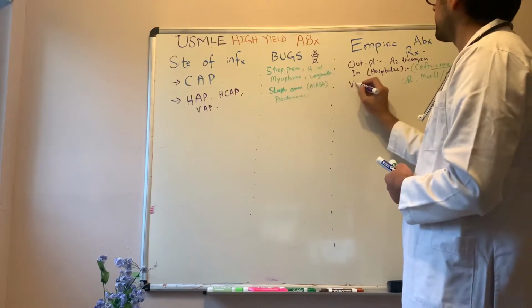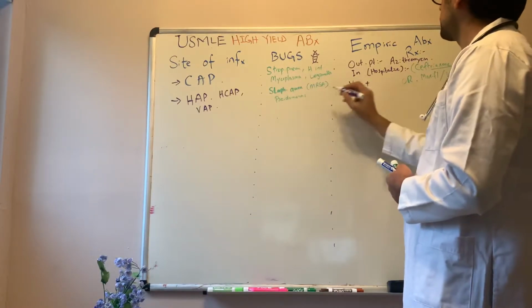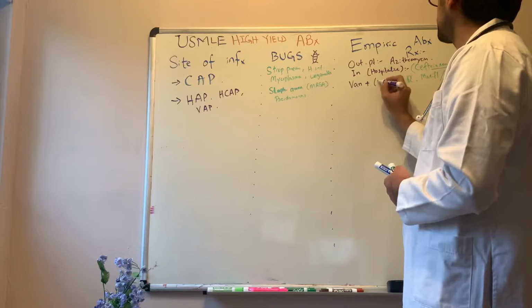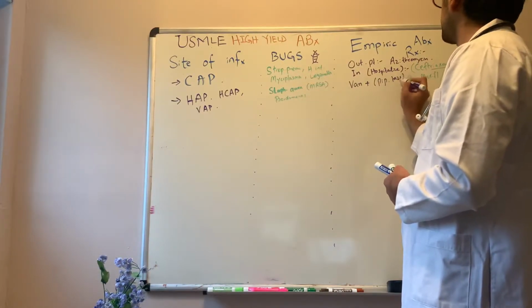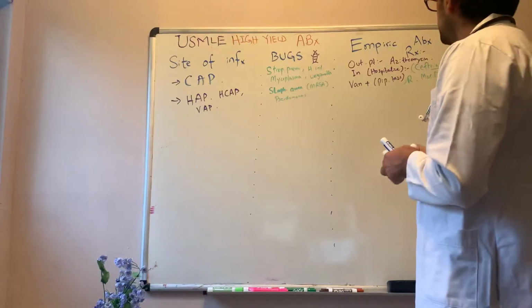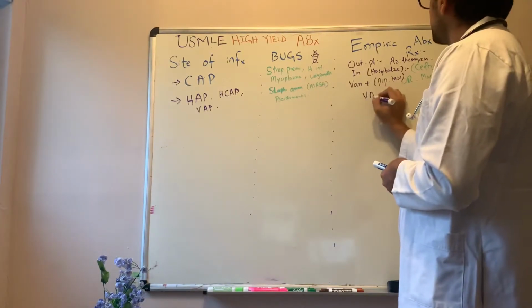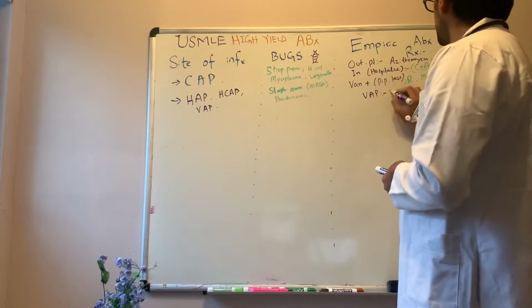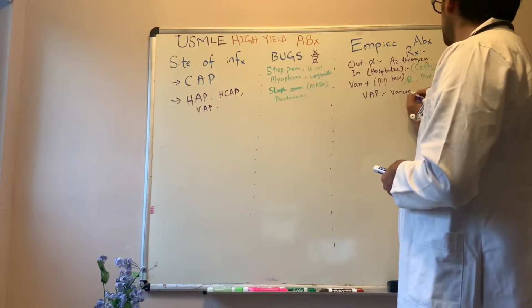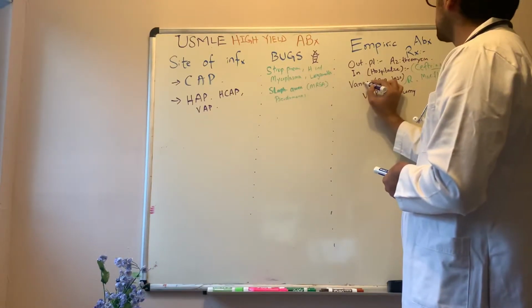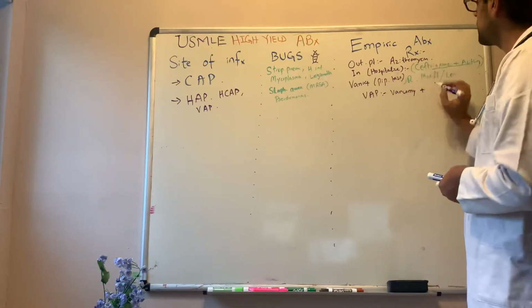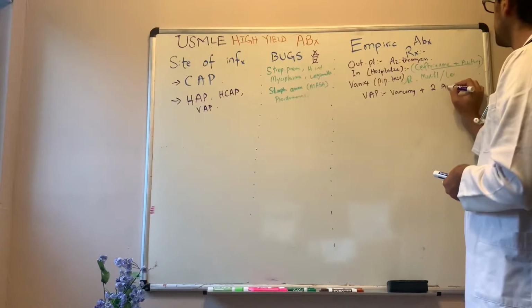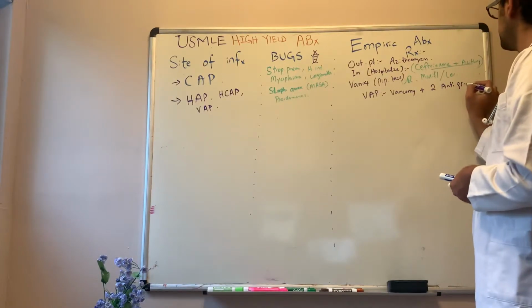For Staph aureus, MRSA coverage will be vancomycin plus anti-pseudo anything, piperacillin tazobactam, and VAP same thing, vancomycin plus any two anti-pseudo.